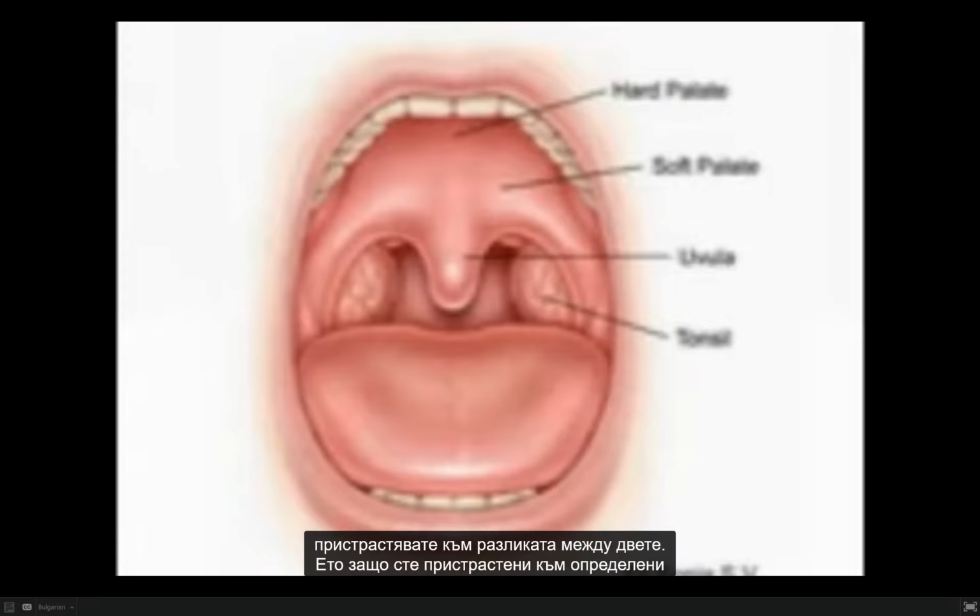You get addicted to the gap between the two. This is why you're addicted to certain chocolates, why you're addicted to certain brand of ice cream, or that kind of matters. Because the salt, and depends which side is touched first.